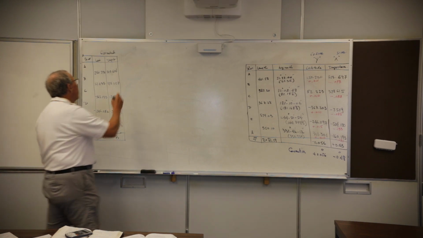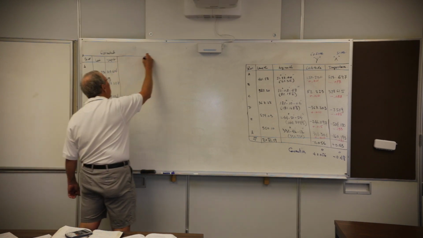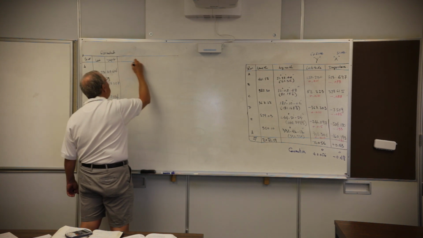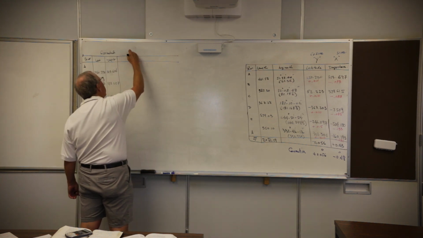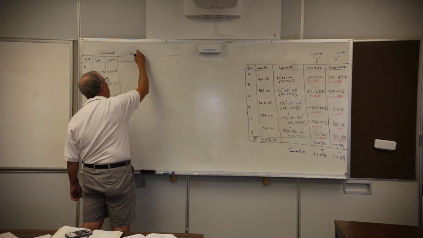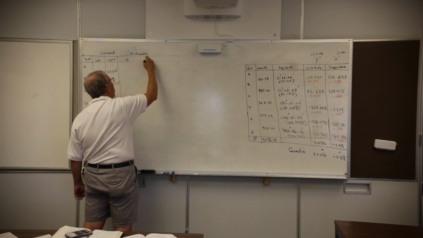Okay, we're going to take this guy now and we're going to add a little bit to him. These are the coordinates: northerling and easterling.